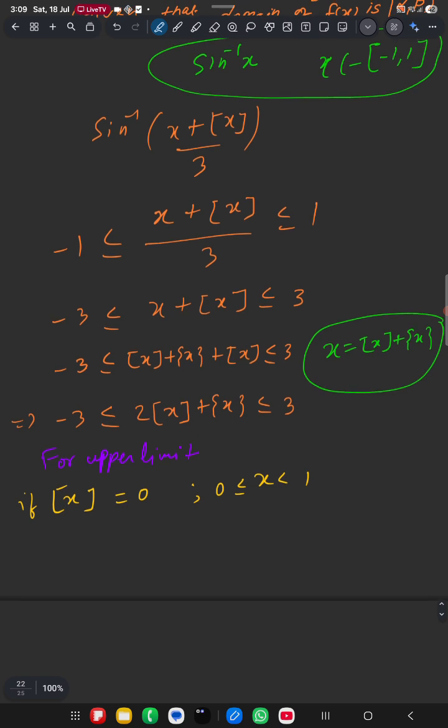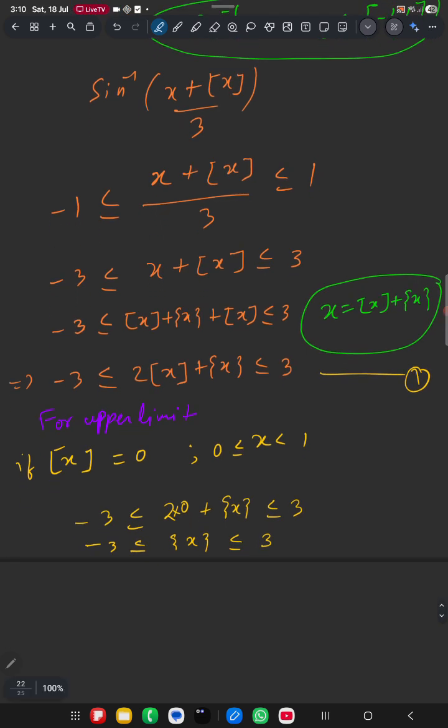Then our inequality, equation 1, will give -3 is less than or equal to twice 0 plus the fractional part of x, less than or equal to 3. So this gives -3 less than or equal to the fractional part of x less than or equal to 3.